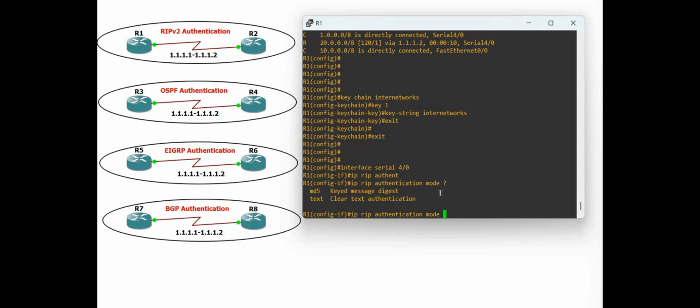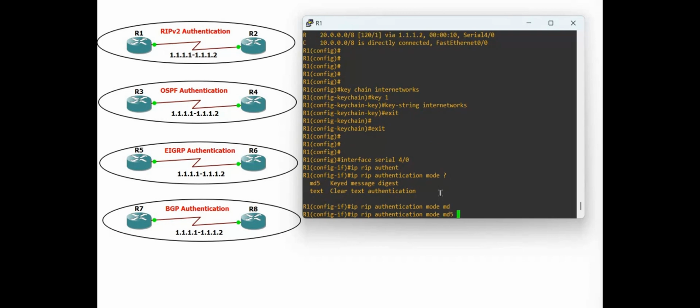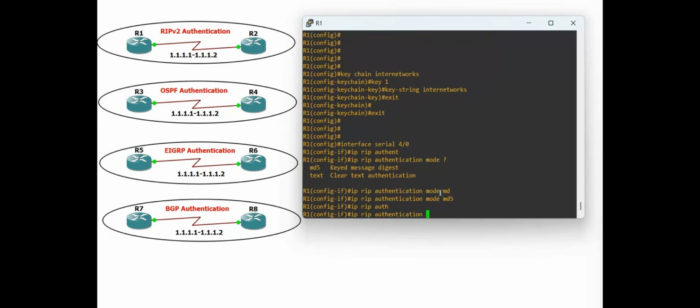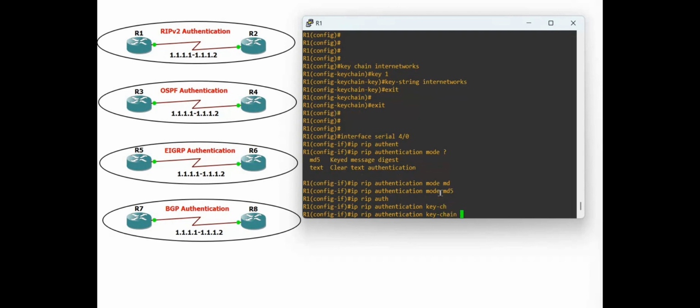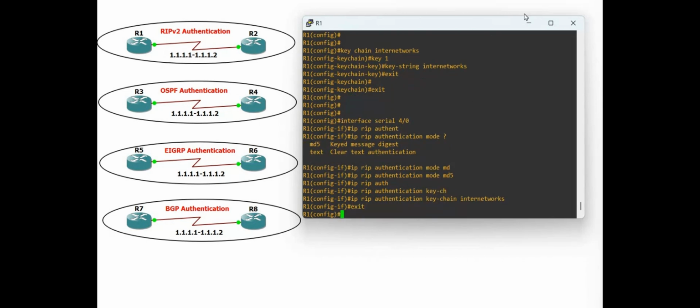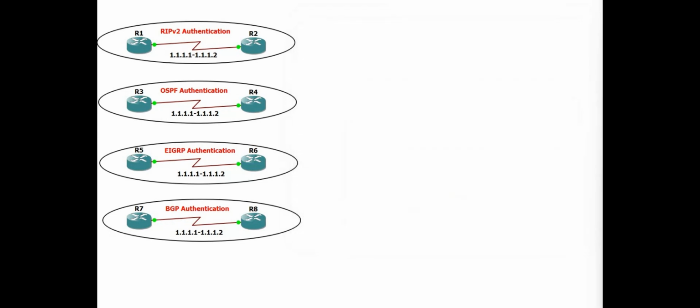I'm using MD5, so MD5. Now RIP authentication, here we need to write down the key chain name. So key chain name is internetworks. Exit. The same thing we are going to configure on router 2 also.